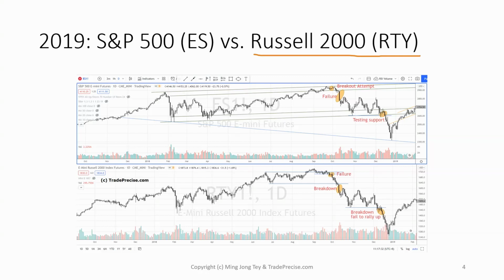So if we look at 2019, this is the S&P 500 versus the Russell 2000. The above pane here is the S&P, and the bottom part is actually the Russell 2000 futures. So you can definitely tell from here there is some sort of similarity or correlation. So let me run through this.